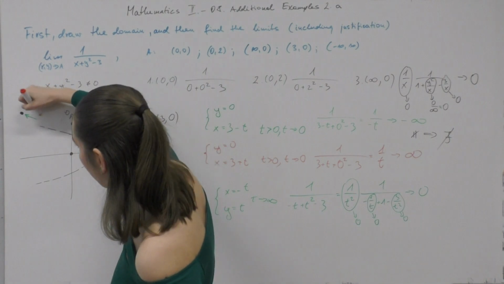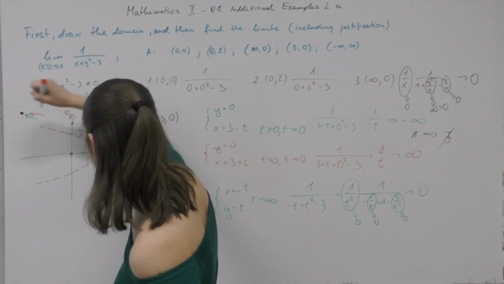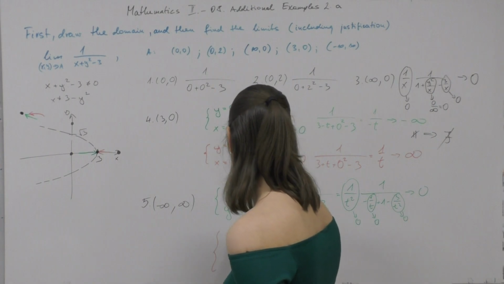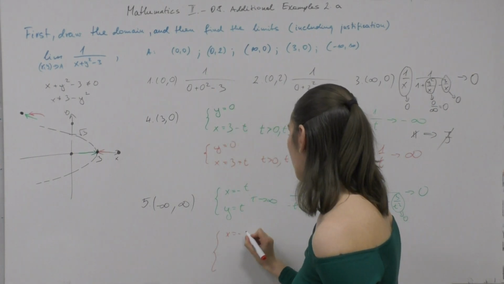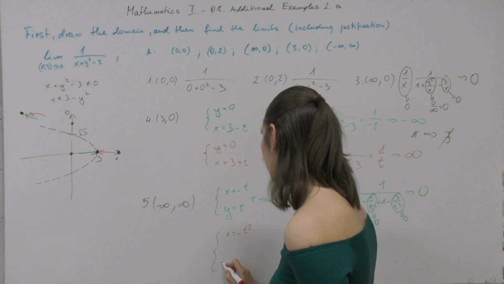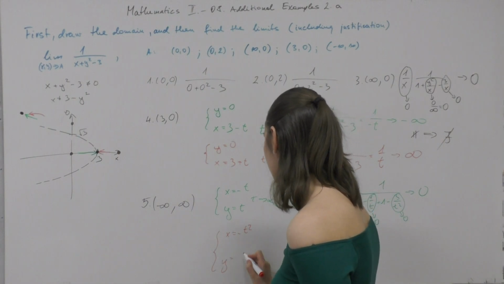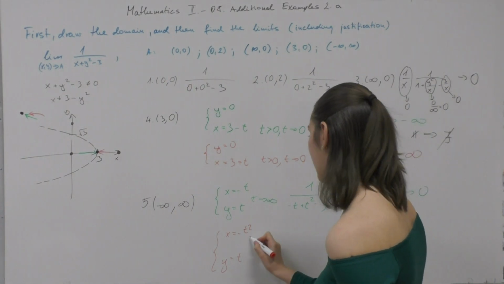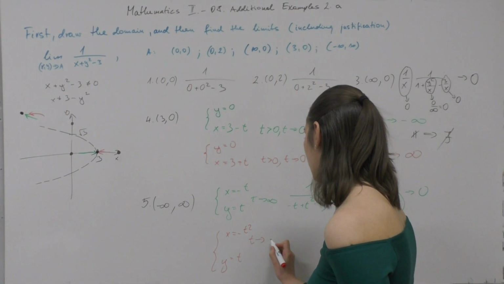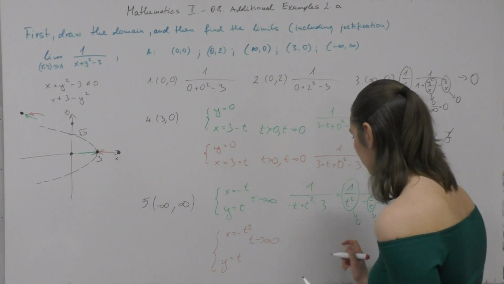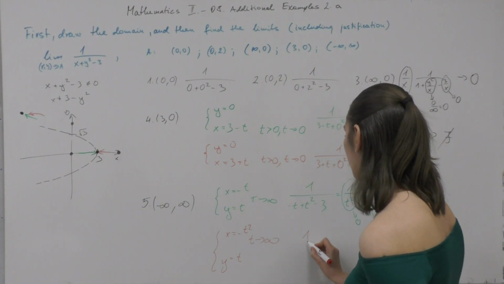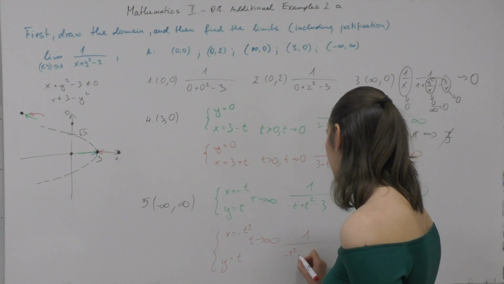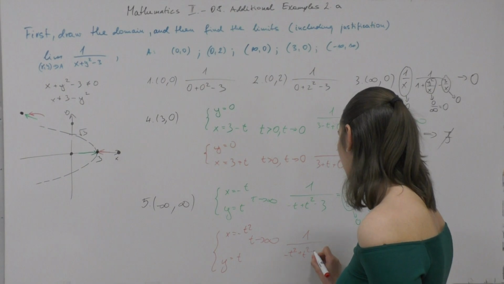Our next path can be this one, where x is minus t squared and y is t, where t goes to infinity, so the function will be 1 over minus t squared plus t squared minus 3.